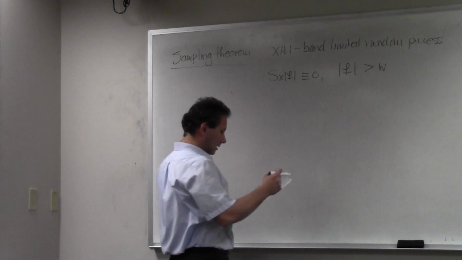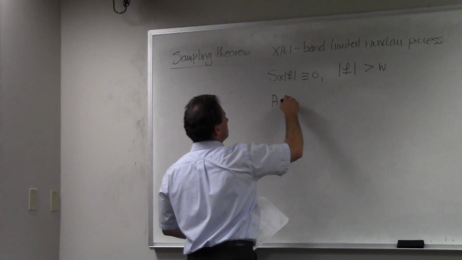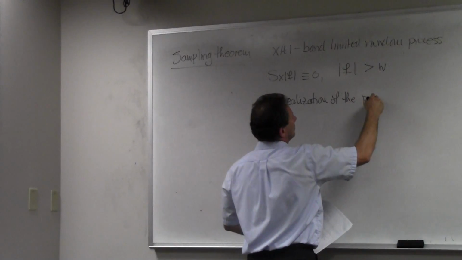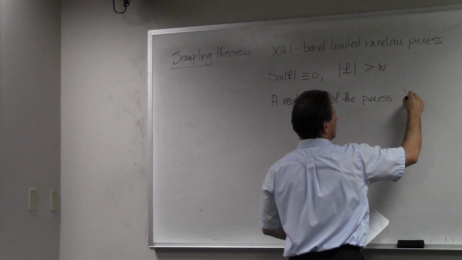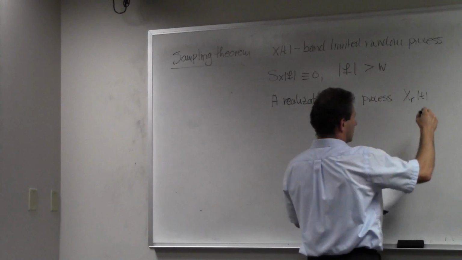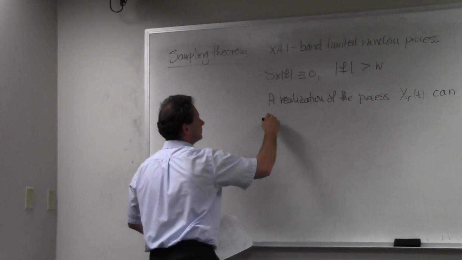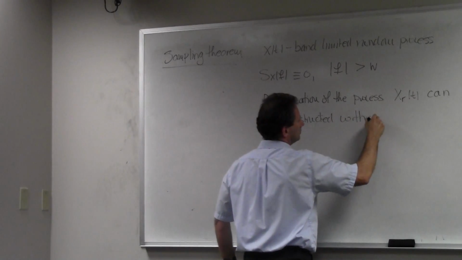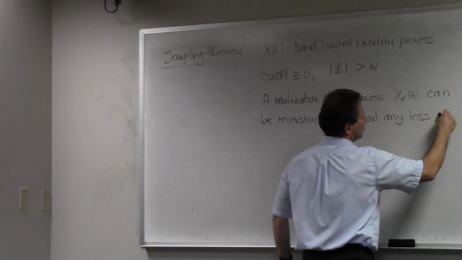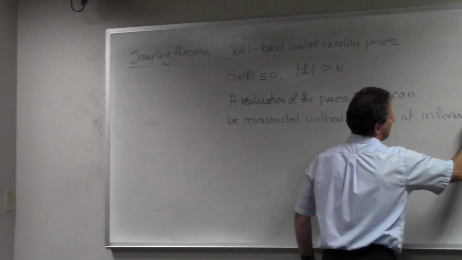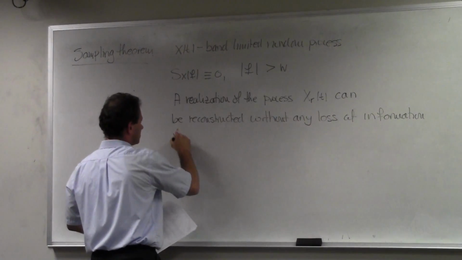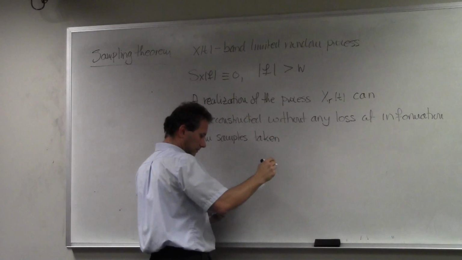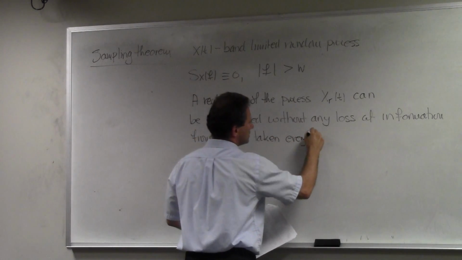Then a realization of the process, let's say x_r of t, can be reconstructed without any loss of information from samples taken every T_s.